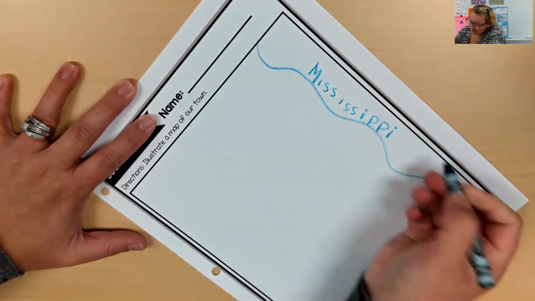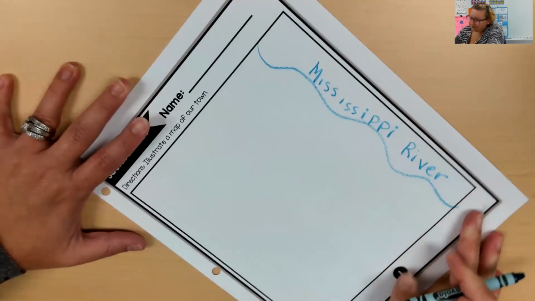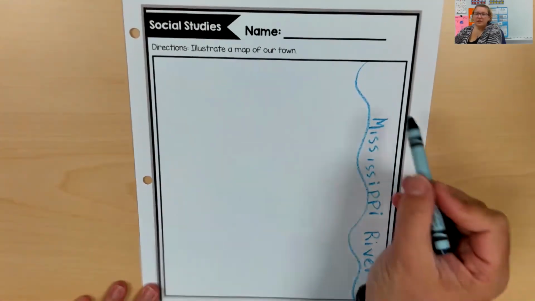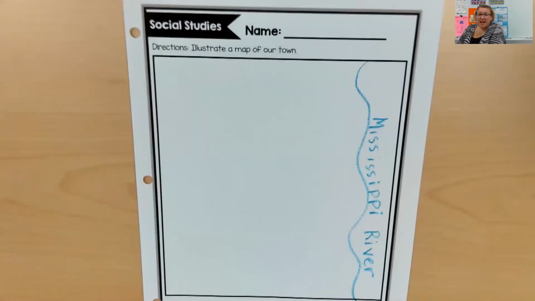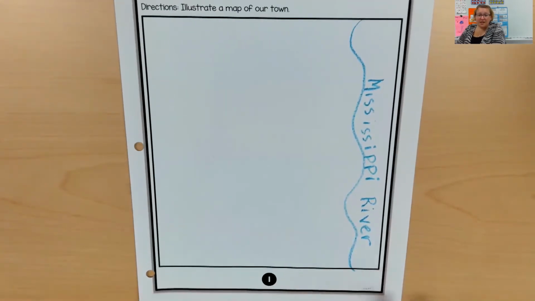Mississippi is how you spell that river, the Mississippi River. So here's the Mississippi River. And maybe you live close to it or far from it. You can decide how far away you think you live to add to your map.